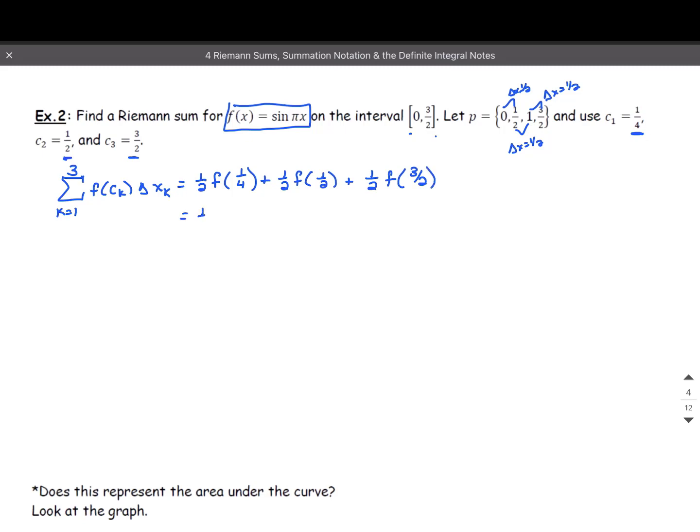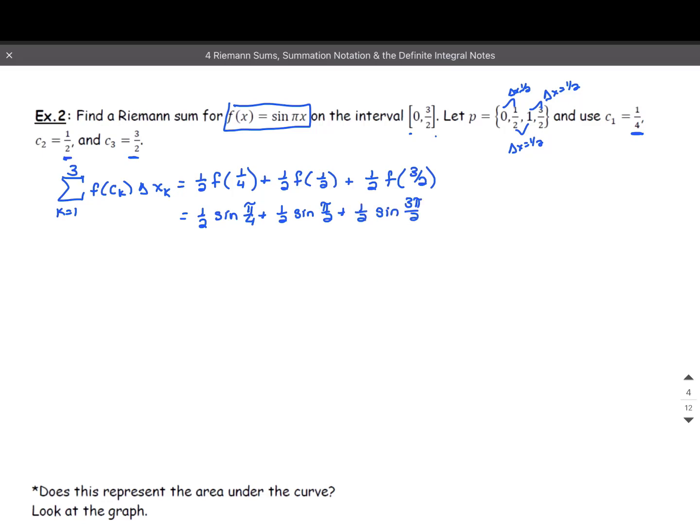So that gives me 1/2. Now remember, f of x is sine pi times x, so this is the sine of pi over 4, plus 1/2 times the sine of pi over 2, plus 1/2 times the sine of 3 pi over 2.